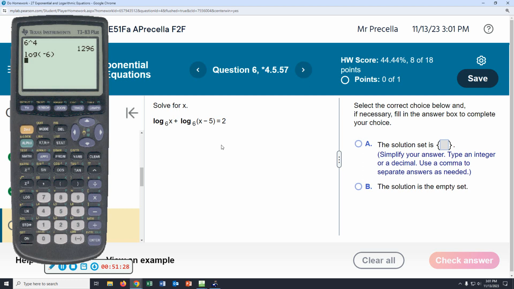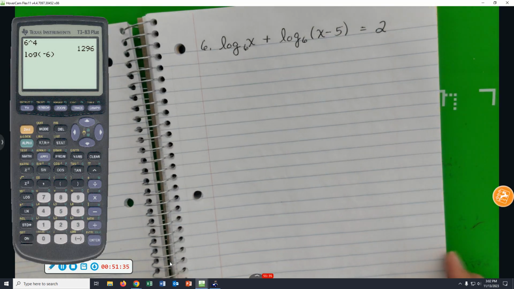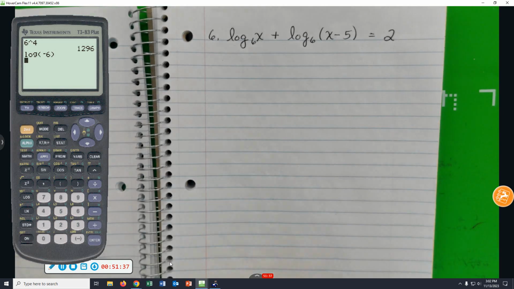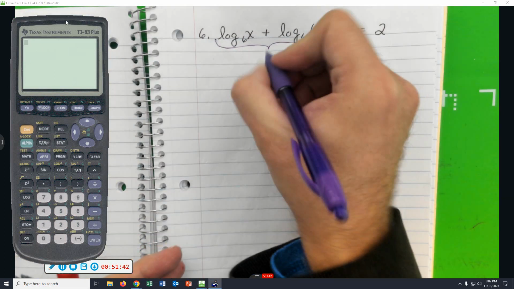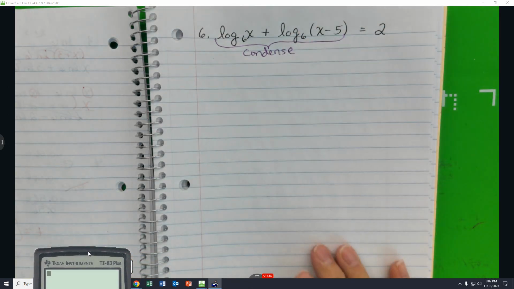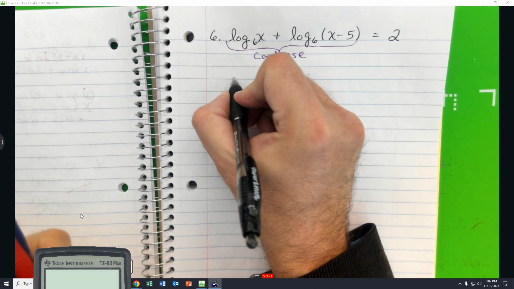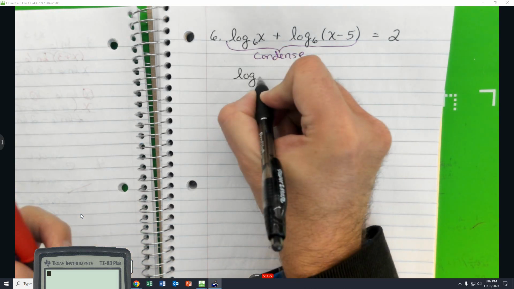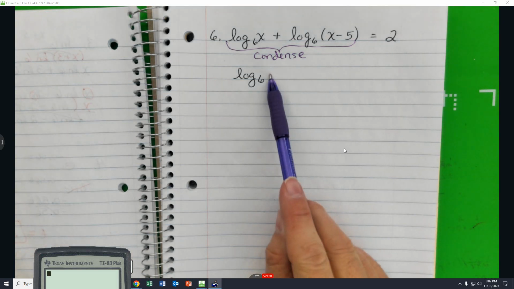The one number on the right is okay, but we want it to look like number 5 with just one logarithm. So how do we condense these down to get it written with one logarithm? Do you remember how to do that condensing? You would say log base 6, and the first thing I would ask myself is, will there be a fraction bar?